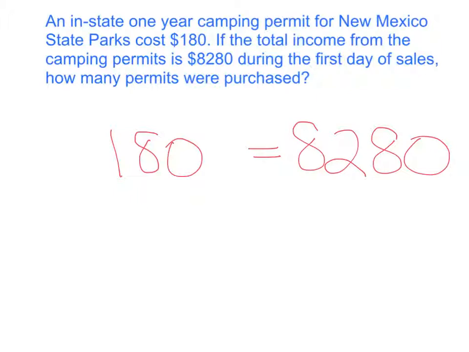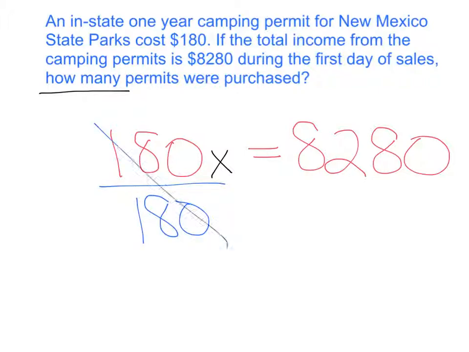So if we know that one permit is $180, then we need to replace the how many with a variable. So we set up our equation, and it is 180x equals 8,280. Now you ask yourself what's happening to the variable, and we are multiplying it by 180, so we're going to divide by 180.